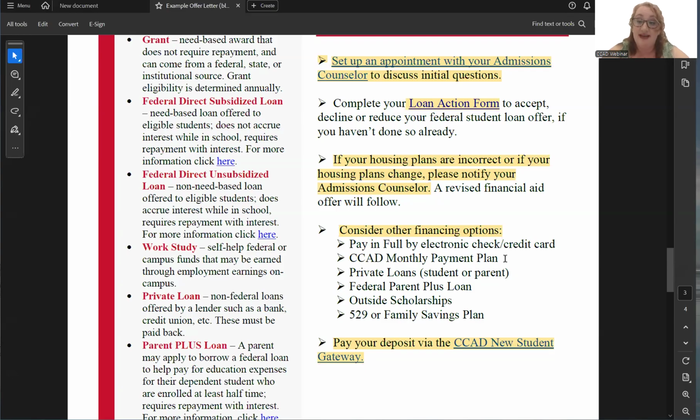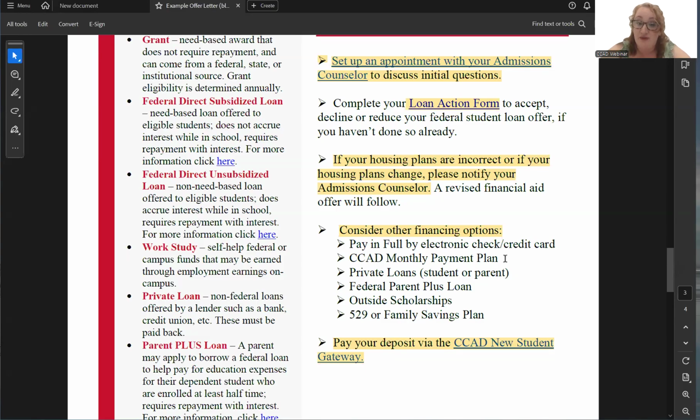What we suggest is actually shopping around for this. Just because you've banked with one certain bank your entire life does not mean they're going to give you the best deal, okay? So definitely shop around to credit unions as well. They tend to give a little bit better offers, okay?